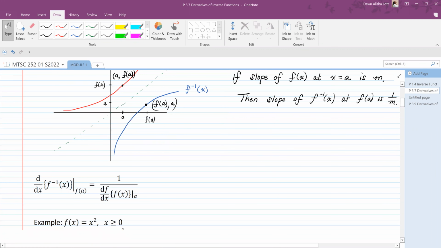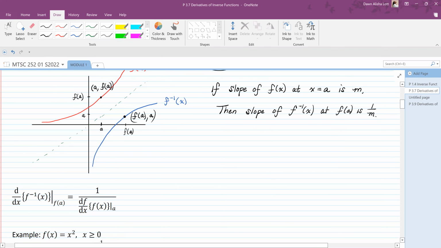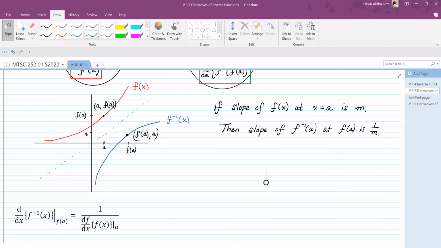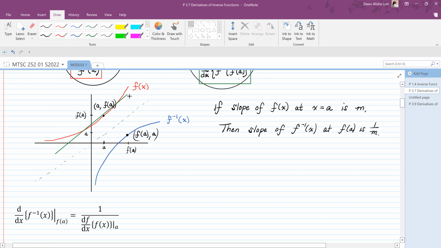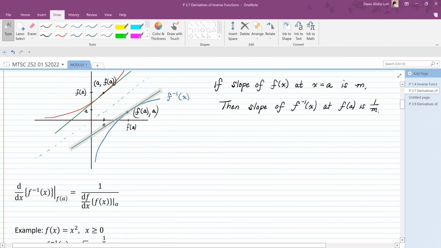So here's the rule. If I were to draw the slope here, so here's the slope. Then the slope here is 1 over that. So this slope is 1 over that. Okay, so if the slope of the top one is 2, then the slope of the bottom one is 1/2.